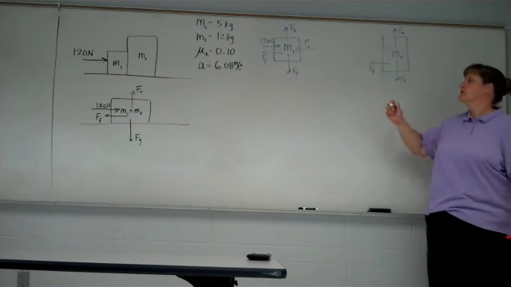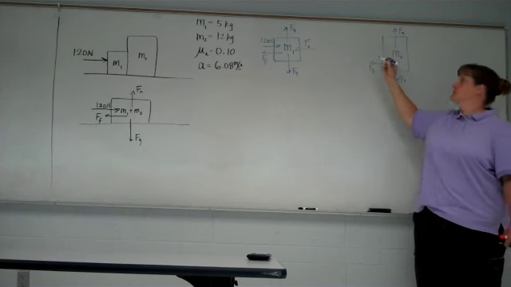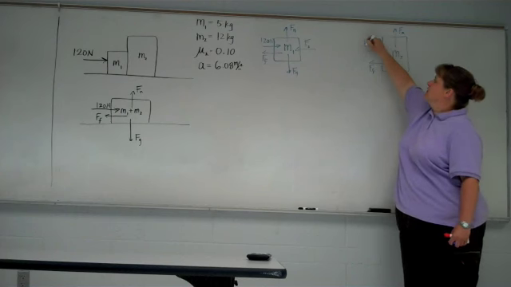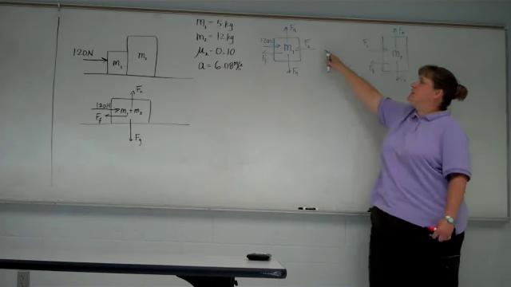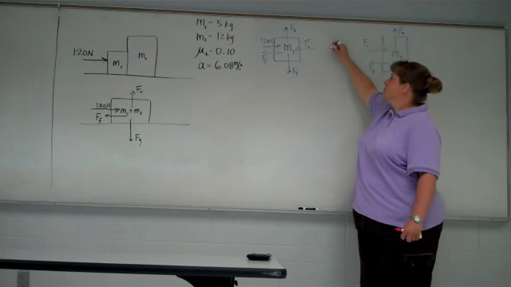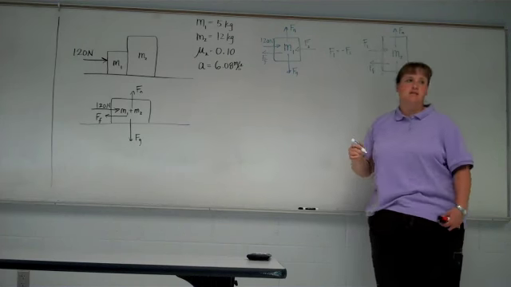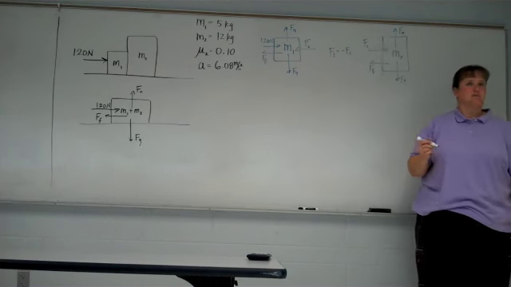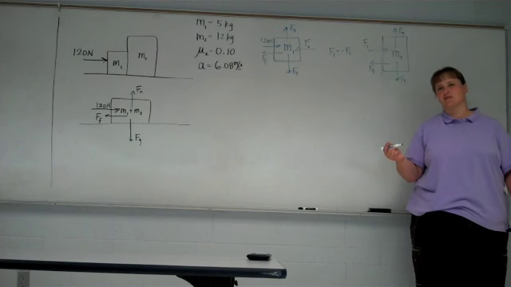It will be box 1 pushing on it. F1 and F2 are the same magnitude. Box 1 pushes as hard on box 2 as box 2 pushes on box 1. They're just in opposite directions, that's it.